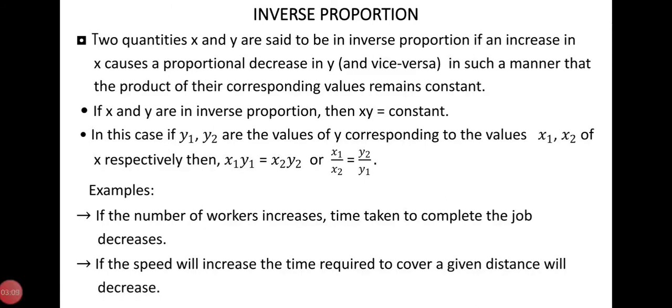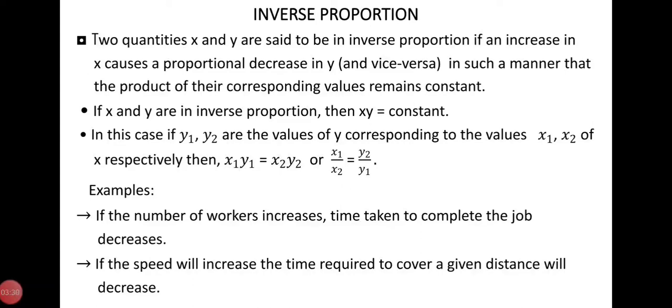You know that if we are moving to Bombay, and we are driving at high speed, means very fast, then it will take less time to reach Bombay. So the more the speed, the less will be the time taken to cover the given distance.